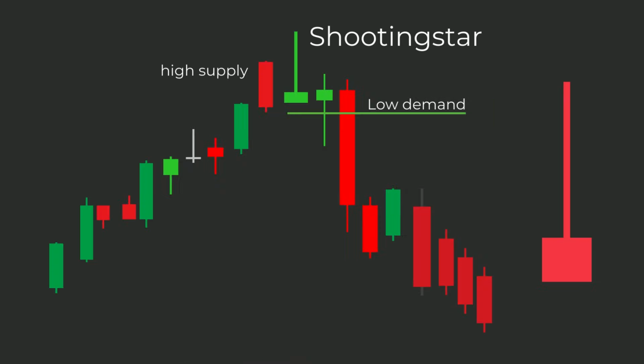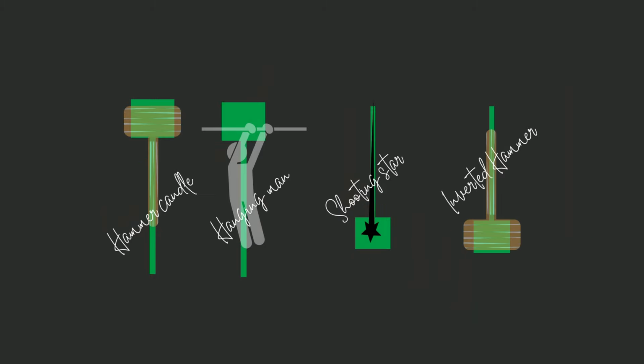Small real body at the bottom, long upper shadow, little to no lower shadow. It's a bearish reversal indicating potential downward movement. Need to wait for the next candle to close lower. These patterns are valuable tools for identifying potential market reversals. Always wait for confirmation with the next candle to ensure the reliability of the signal.